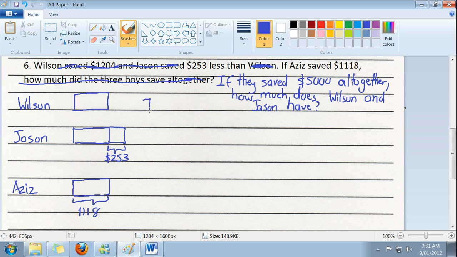Okay. So obviously, when you add up Wilson, Jason, and Aziz, the total will be 5,000. And now, because these two bars are the same, you can label it as one unit.